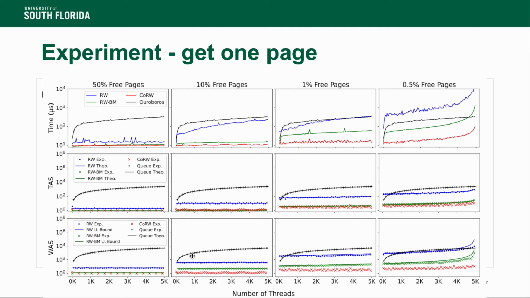First, the measured TAS values match the theoretical results very well, and the theoretical upper bound of WAS matches the experimental result well above 1% of free pages, which indicates that the bounds are tight. The bound becomes loose as the percentage of free pages decreases below 1%.